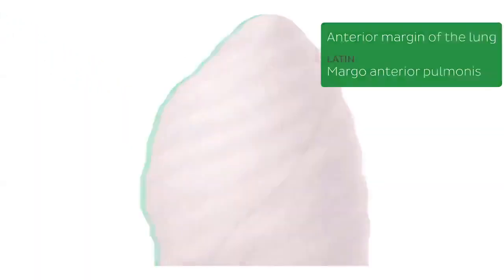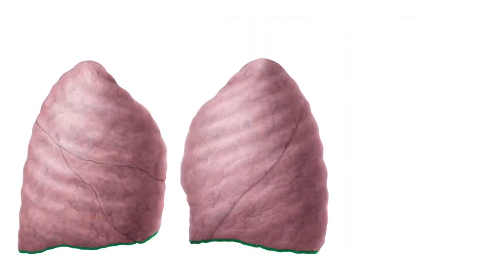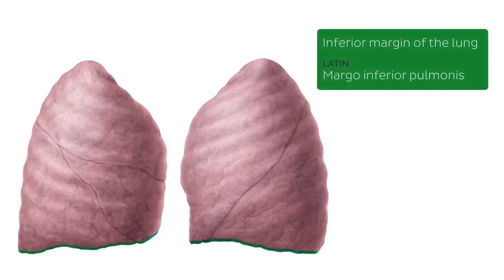There is another margin that is worth highlighting here on the lateral views of the lungs, and this is known as the inferior margin of the lung. And the inferior margin or border of the lungs makes up a sharp border at the junction of the diaphragmatic and also the costal surface of the lungs, and also at the junction of the diaphragmatic and mediastinal surfaces.